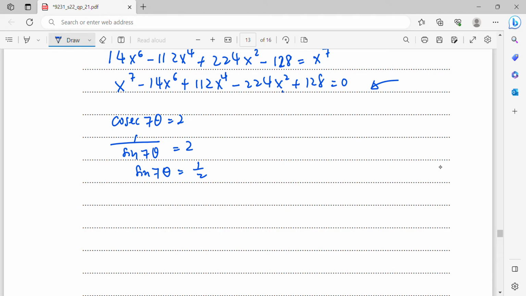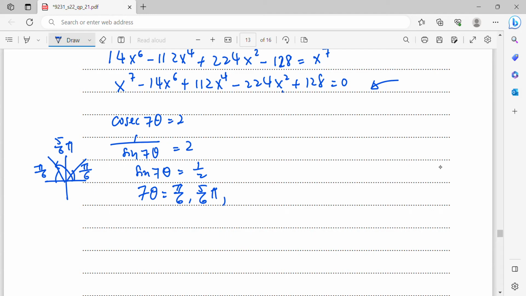So now, when you refer to the quadrant, sine is positive and sine is half, which means it will be the first two quadrants. So the basic angle is going to be pi over 6, which is 30 degrees. Here is pi over 6. So I know that my next angle is going to be 5 over 6 pi. So I will write 7 values: pi over 6, 5 over 6 pi.